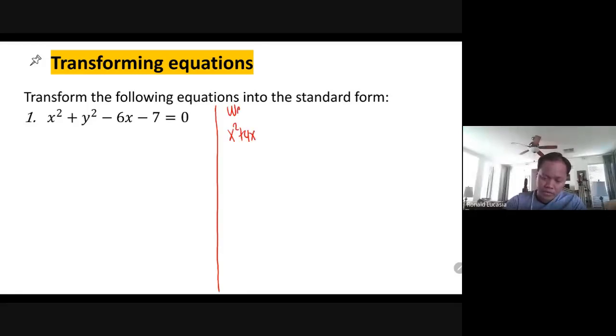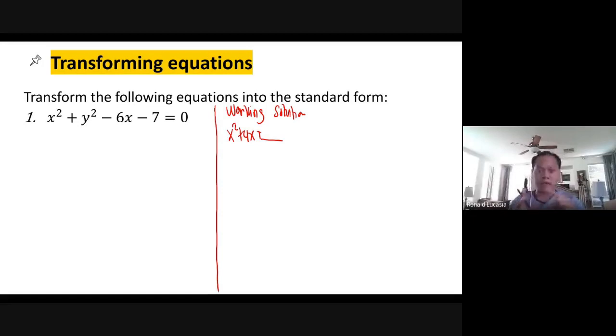This is a working solution. For x squared plus 4x, we determine the term to be added, an expression that will be added to x squared plus 4x that will produce a perfect square trinomial.